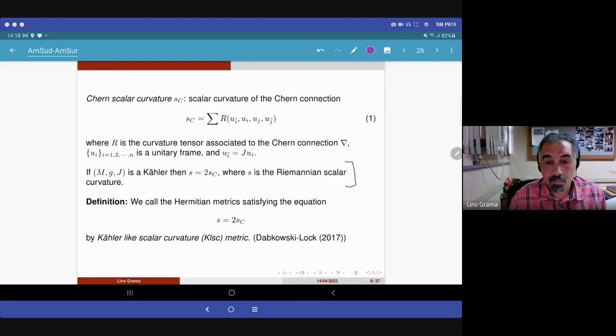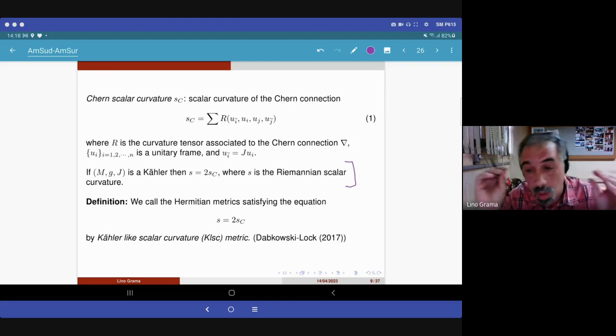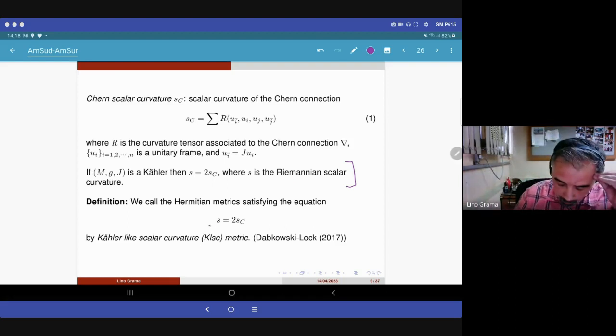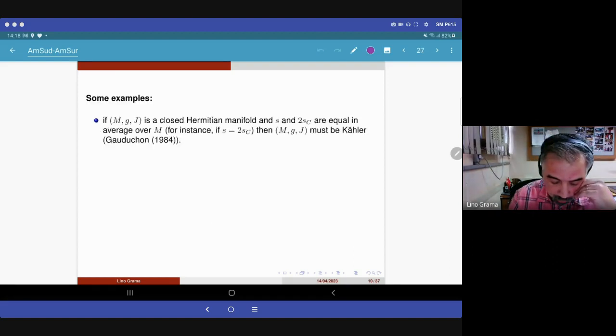Okay, and now we can ask ourselves if there is some almost Hermitian structure, non-Kähler, that satisfies this equation. I will show you some examples.